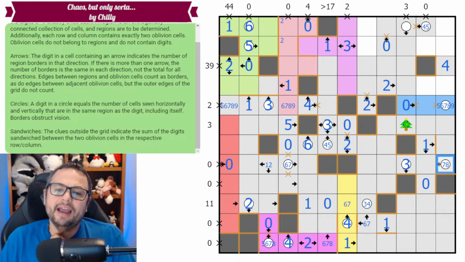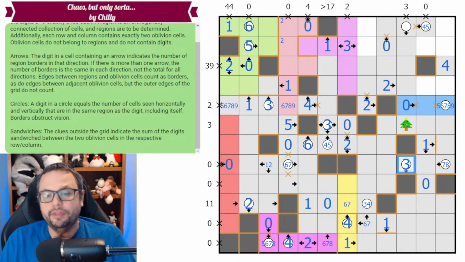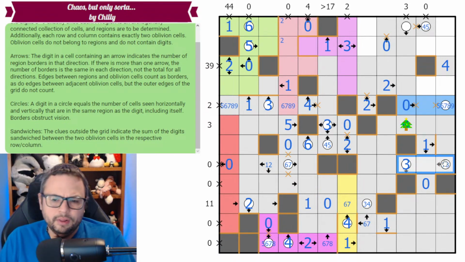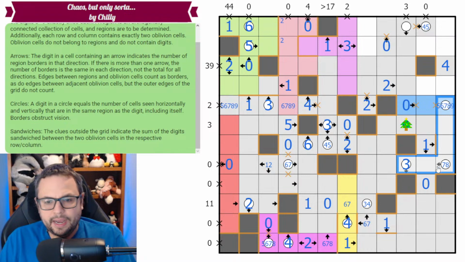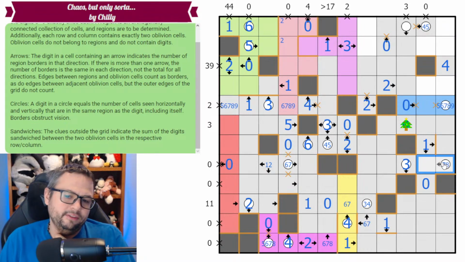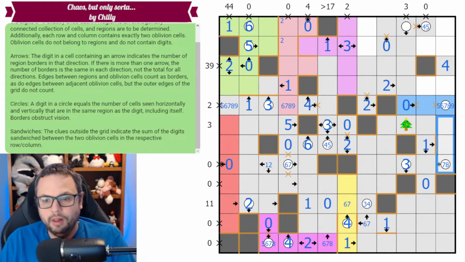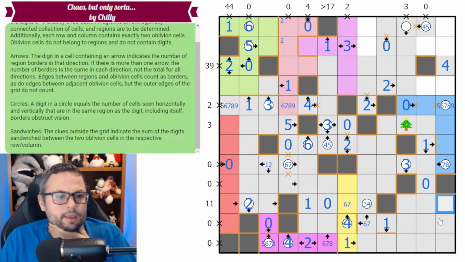But this 7 or 8 actually does have to be blue because of the 3. Whether these two are the same or not, these are either the same or they're different. If they're the same, then the region extends to here and I have to extend up. And if they're different, then this clue can only extend to there and it has to extend up. So all of this, at the very least, is blue.